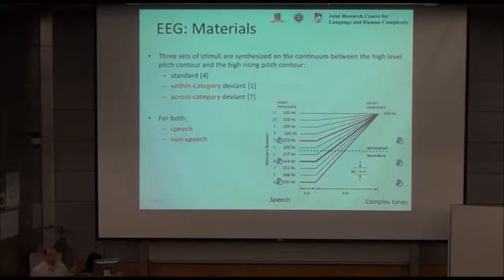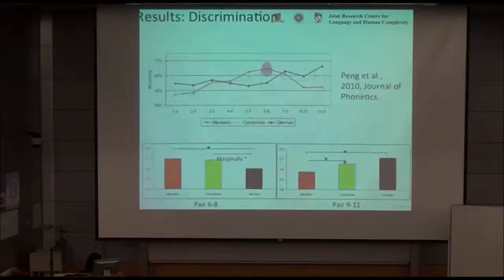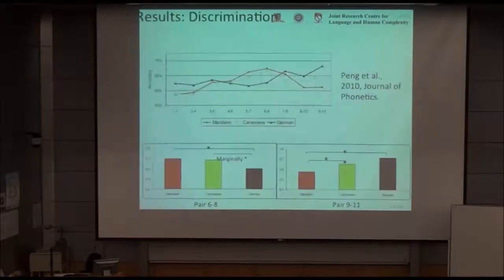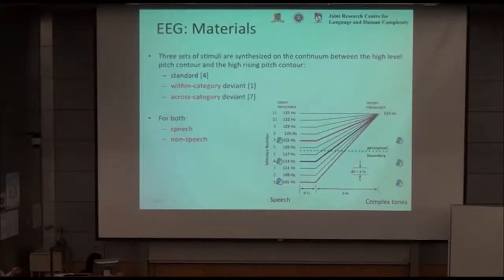But this stimulus is identified as a rising tone in most cases. You can see here again, number 7, most of the cases it is identified as a rising tone. So from stimulus number 4 to stimulus number 7, although the physical distance is the same, phonologically they're different.